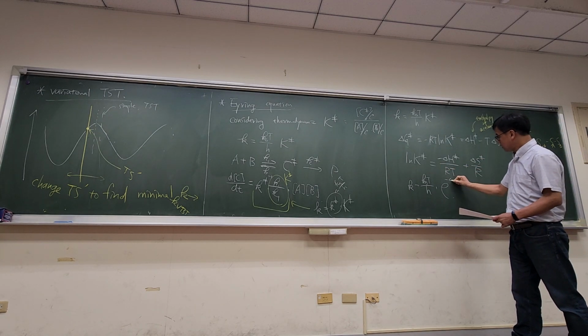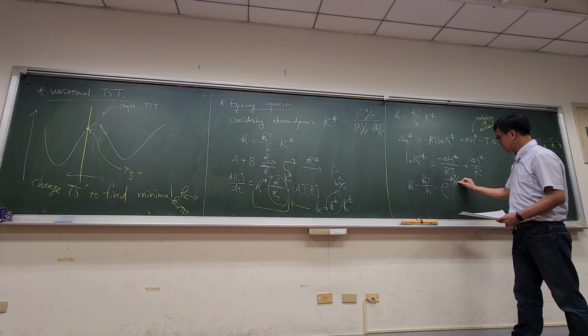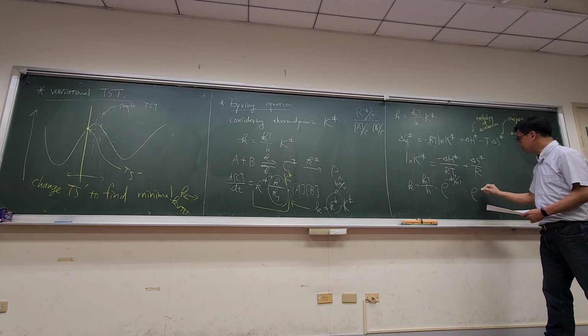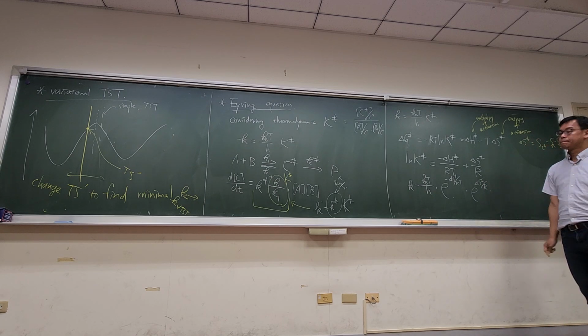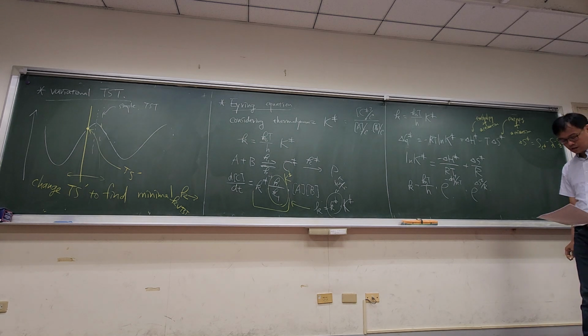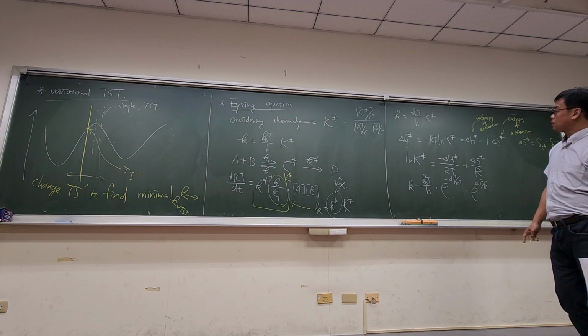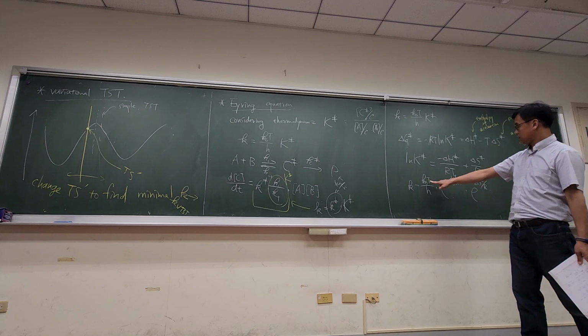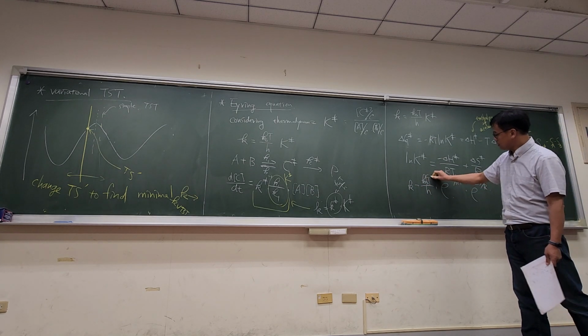So exponential of minus delta H double dagger over RT times exponential of delta S double dagger over R. And actually, a better way to look at this is you have k over T, you move this T here.